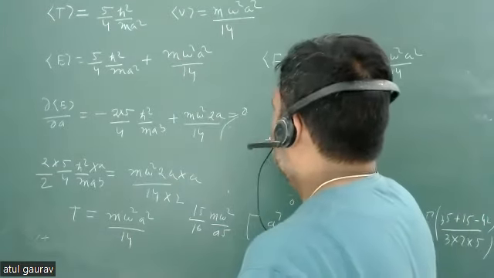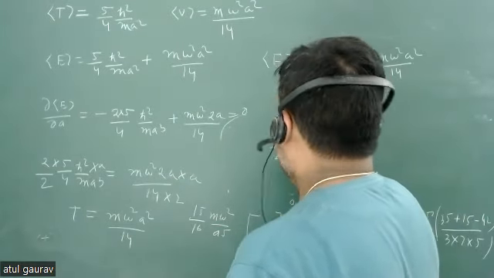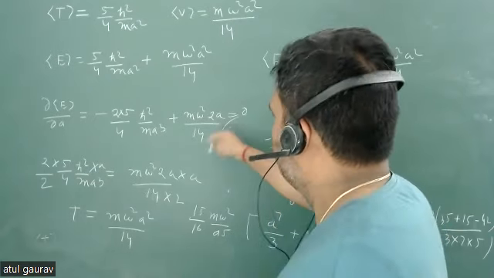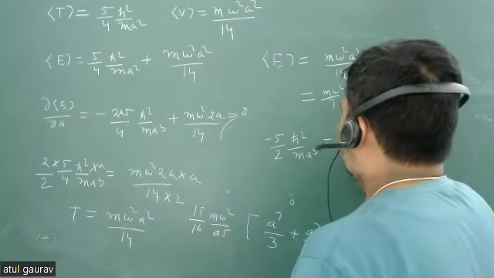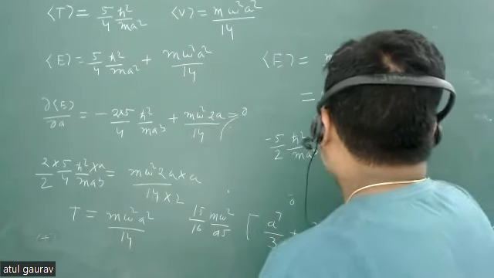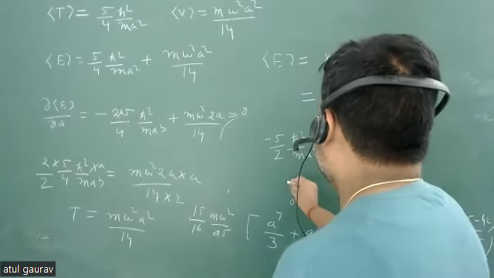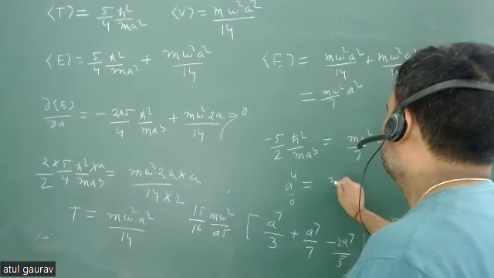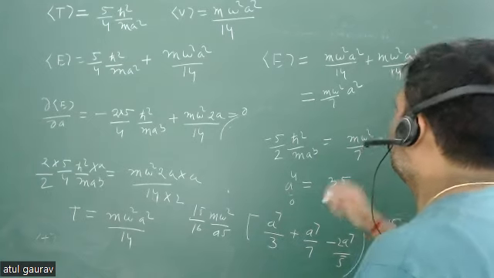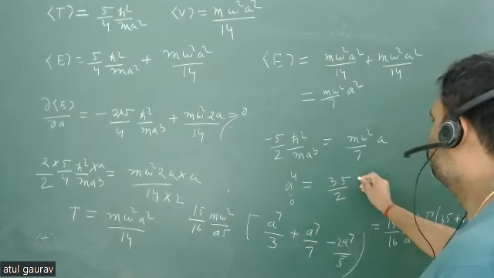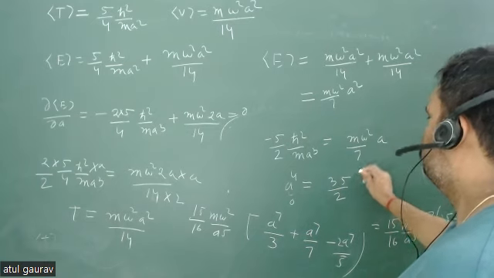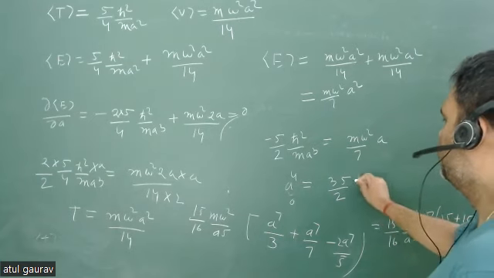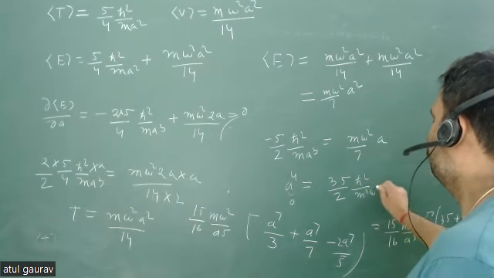So you have minus 5 upon 2 h cut square by m a cube is equal to m omega square by 7a. So I can take a cube here, so that will be a to the power 4 is equal to 35 by 2, and you have h cut square by m square omega square.